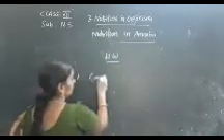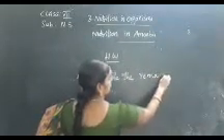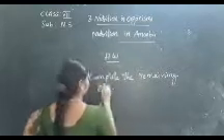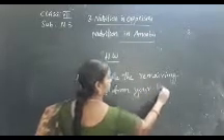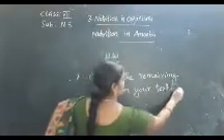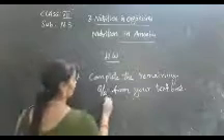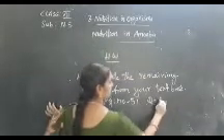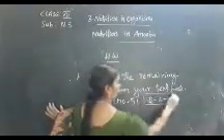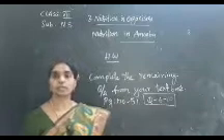Homework: complete the remaining question answers from your textbook, questions 6 to 10, page number 51. I have already explained the first 5 questions, and in today's class I have explained questions 6 to 10. Write them down neatly in your notes. Okay? Bye, children.